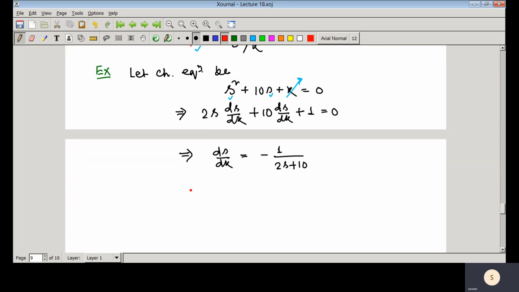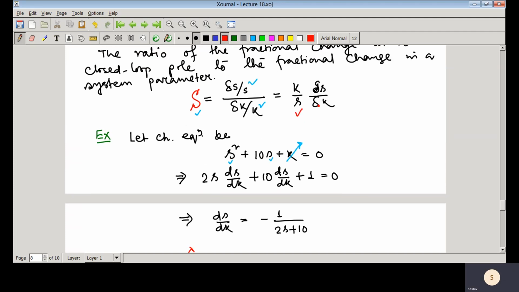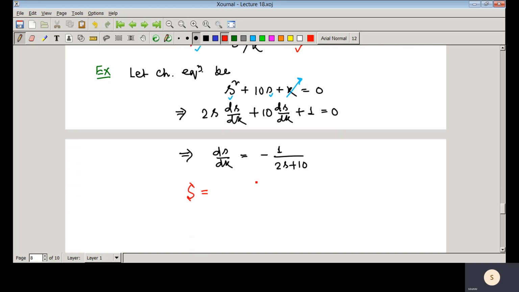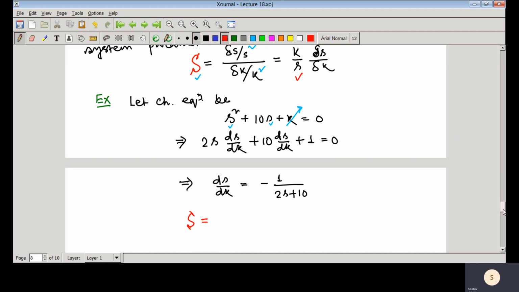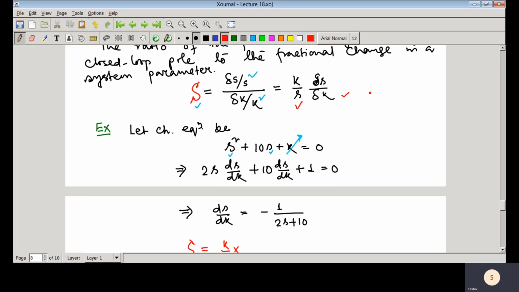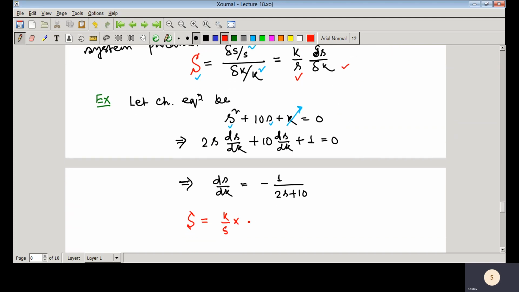So what is your root sensitivity? Root sensitivity is equal to, we have seen that formula, that is K by S into del S by del K. If you just put it here, that is minus 1 by 2S plus 10.